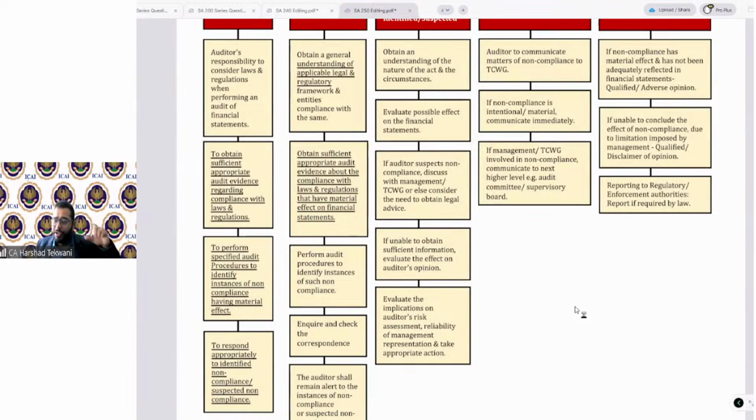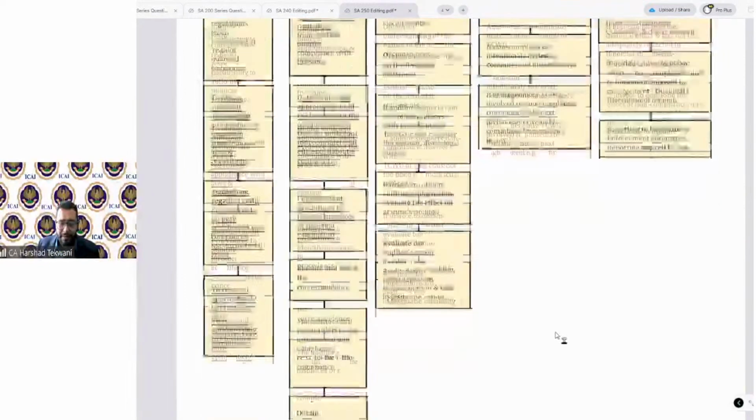There are two types of laws and regulations, one which has a direct effect, and one which has an indirect effect. For the laws and regulations that have a direct effect, I need to obtain sufficient and appropriate audit evidence with respect to compliance with them, and perform audit procedures to identify instances of such non-compliances.